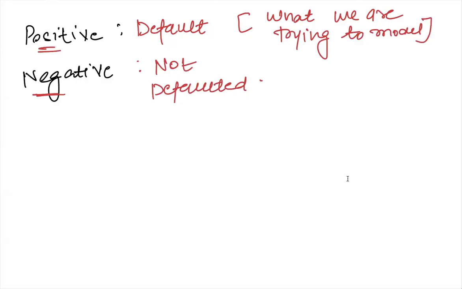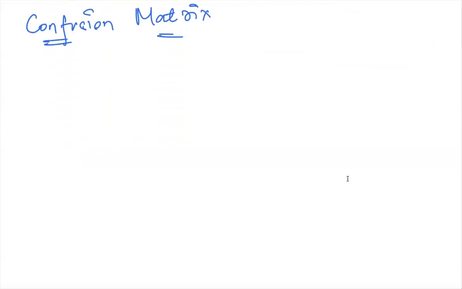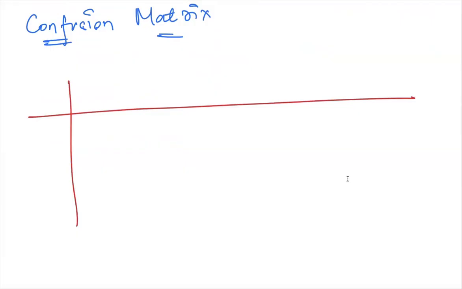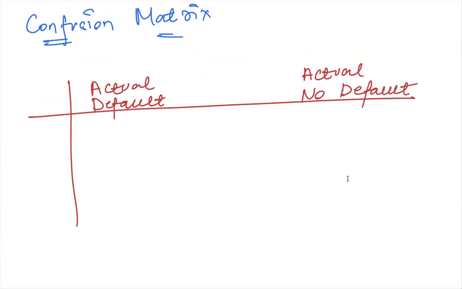Now, there is this thing called a confusion matrix. It is nothing but a table. We have actual default, actual no default, predicted default, predicted no default.